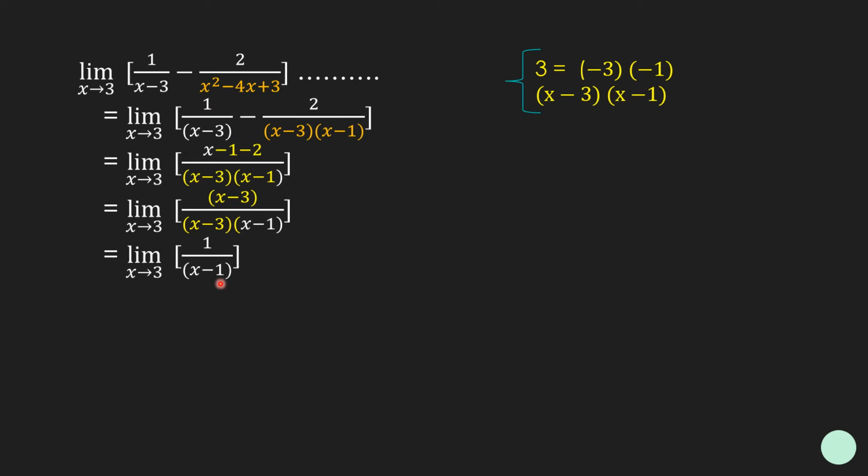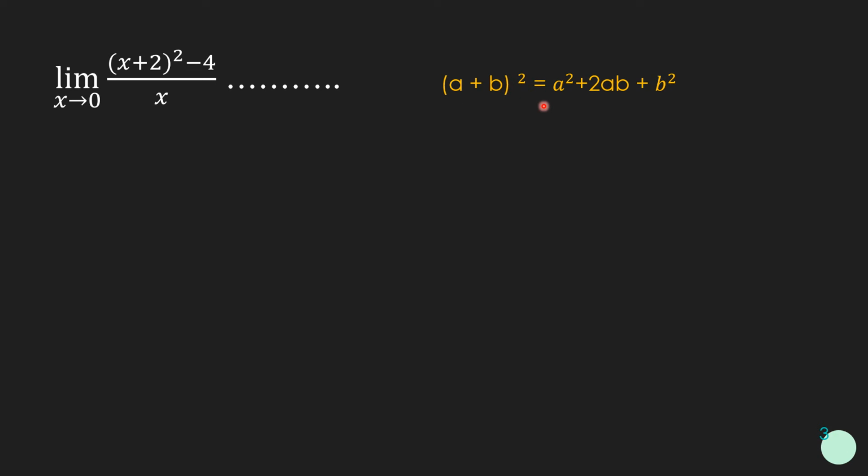Here we can solve this limit by direct substitution. So in the next step, we will put x equal to 3 in place of x. So it will be 1 over 3 minus 1, which is 1 over 2.